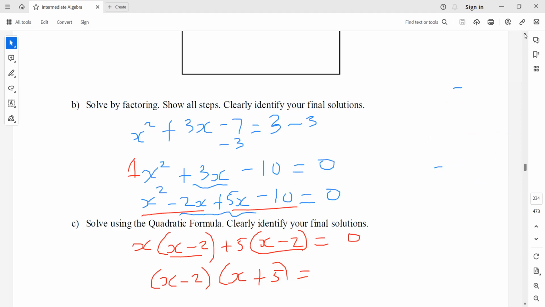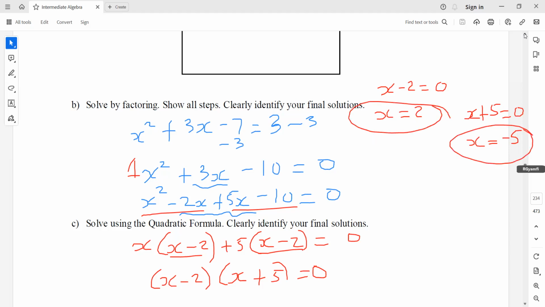Remember that I have this to be equal to 0. So x minus 2 equals 0, or x plus 5 equals 0. So x minus 2 equals 0 is x equals 2, and this is x equals negative 5. Is that what we got? Yes, that is what we got from the calculator.